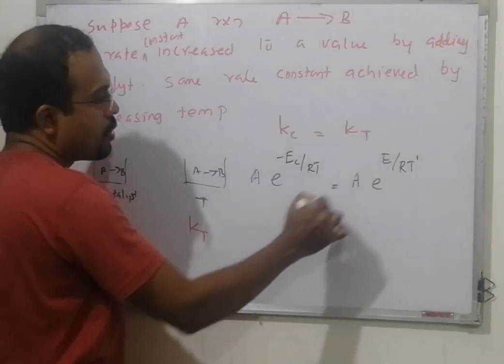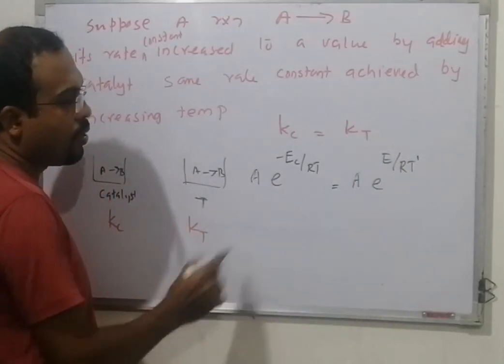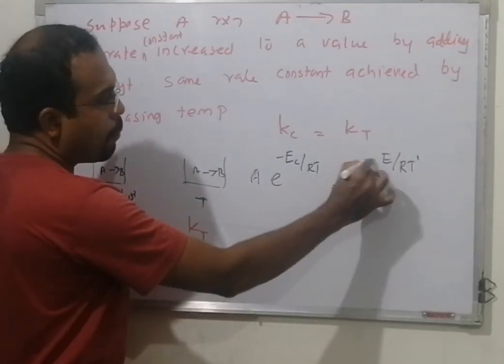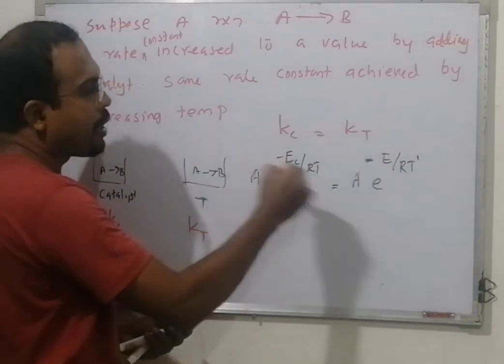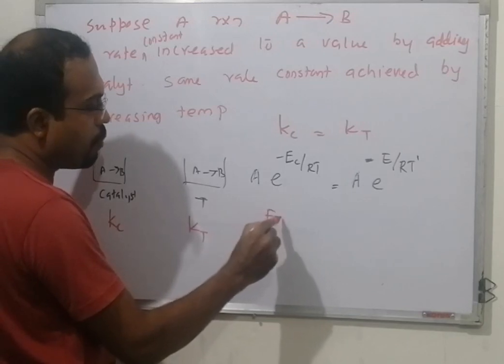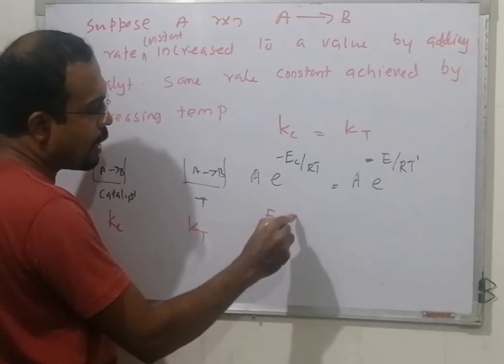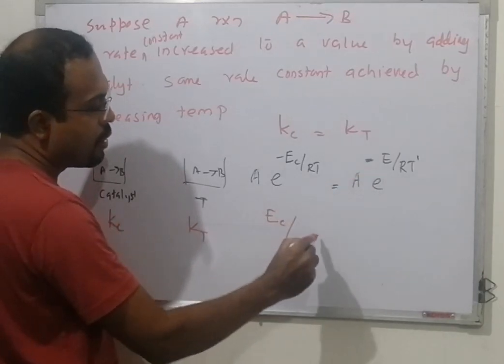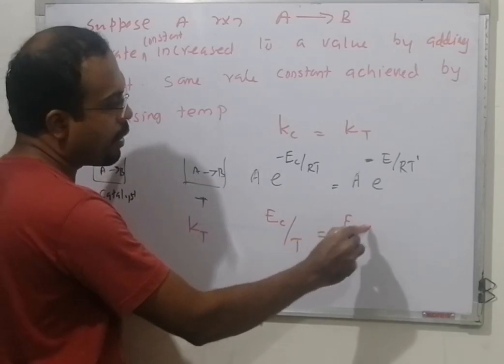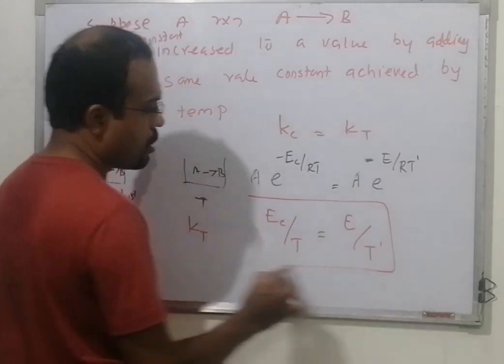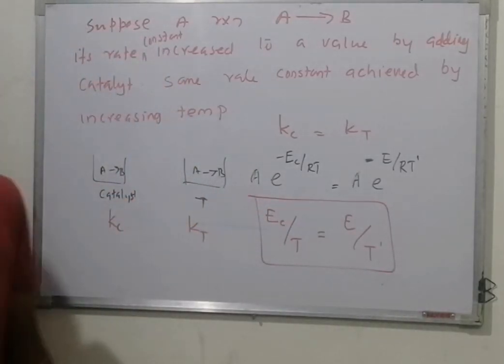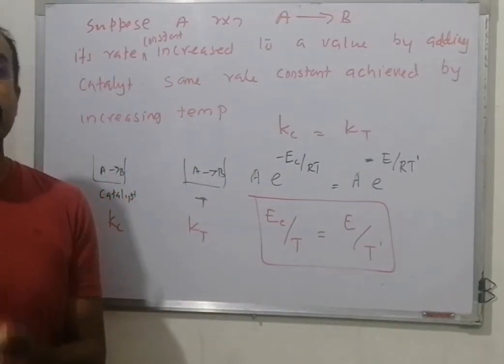And A cancels. These terms are equal. Therefore, you can have a very beautiful relation: EC by T is equal to E by T dash. Very important concept for solving the numericals.